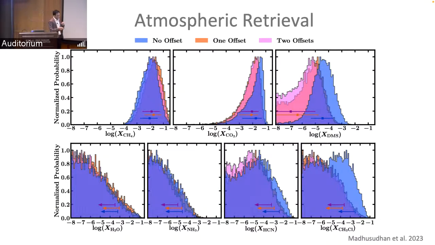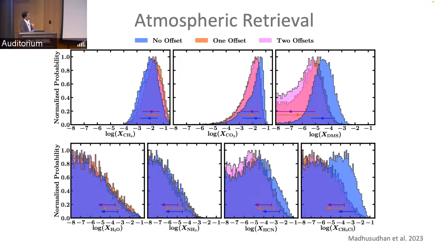But you still see the posteriors are not totally non-detections like this. There are still peaks. So there is something there, we don't know. So we are calling it tentative. But folks, if in a few years we realize that this is actually DMS, history is being made as we speak right now. I kid you not, it's actually true, right?